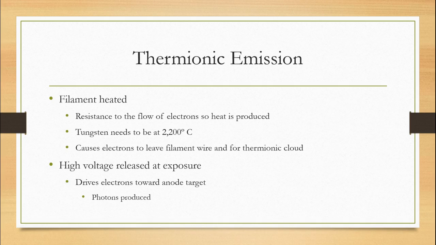So the high voltage releases the exposure. So it drives electrons towards the anode target. And right where the target is where the photons are produced. Okay, so we heat the filament, it liberates the electrons, they produce a cloud using the focusing cup, and when we apply the high voltage, it drives them across to the anode.